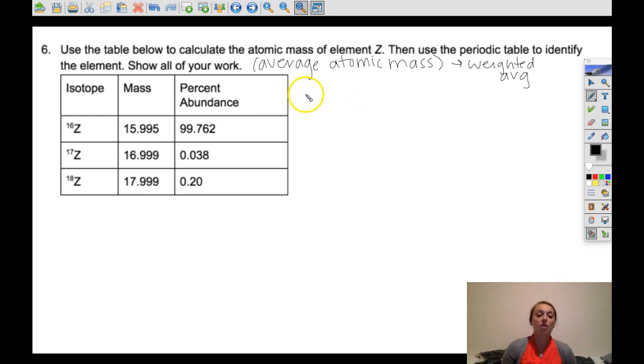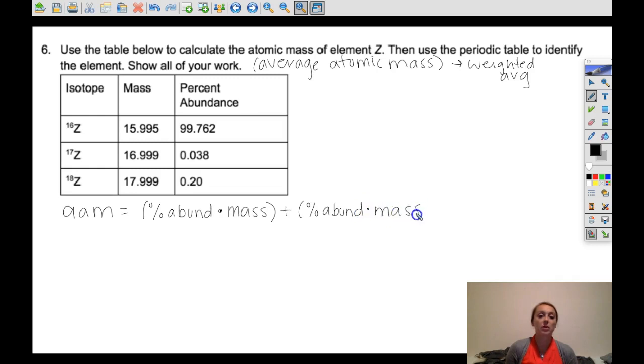So the way you solve for average atomic mass is we're going to take the percent abundance of the first isotope, and we're going to multiply it by its mass. And then we're going to add it to the percent abundance for the second isotope times the mass of that particular one.